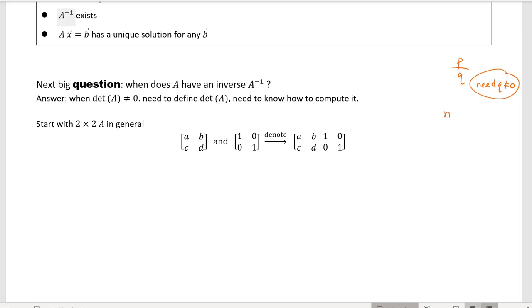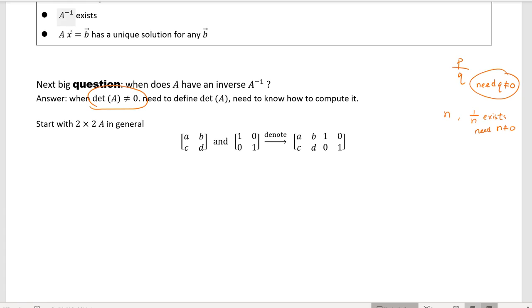Let's say n is a number. We want 1 over n to exist. Then we need n is not 0, because 0 does not have an inverse. So how about for matrices? Is there any requirement for a matrix so that the inverse exists? It turns out that if the determinant is not 0, then the inverse exists.